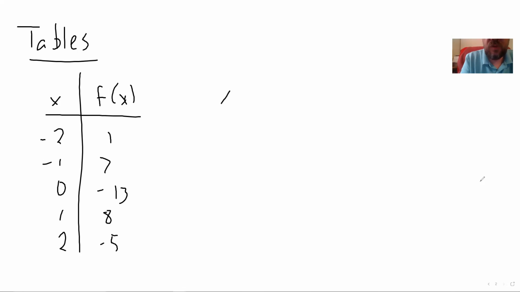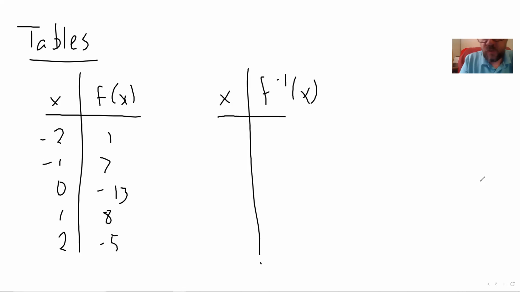So if these are my inputs and I put them into the inverse, well, I don't necessarily have a general table for f inverse, but I do know, so this says that if I put negative 2 into f, I get out 1. So that means if I take 1 and put it into f inverse, I should get out negative 2. Similarly for all the other ones.